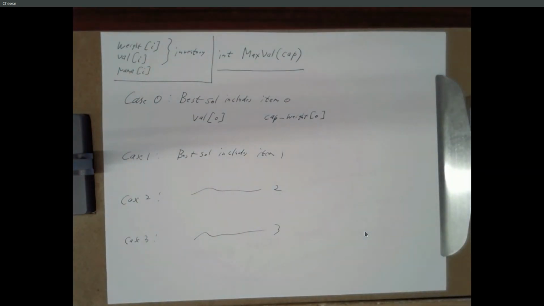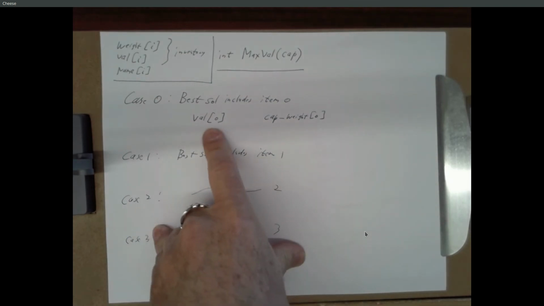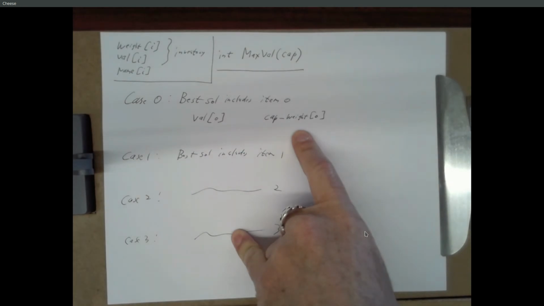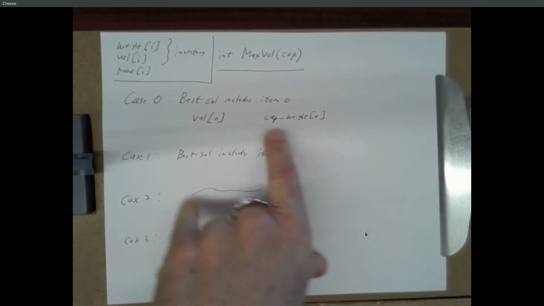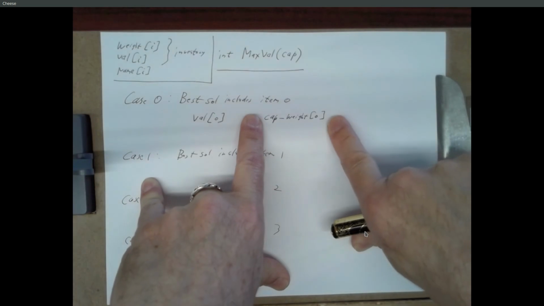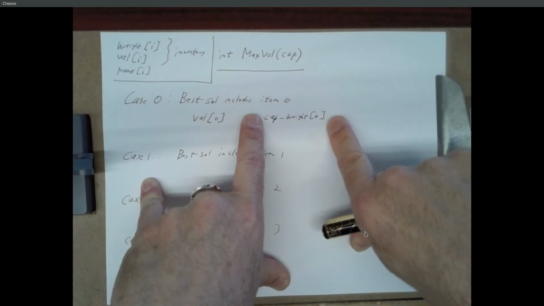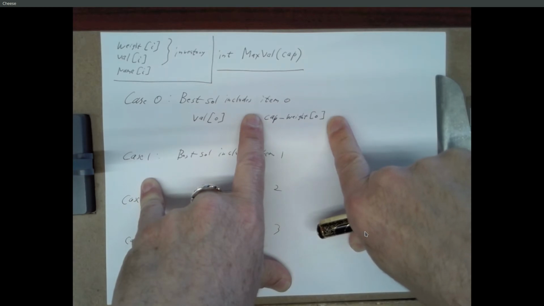Okay, so what have we done? We took item 0, one of them, we put it in our bag. We've got some value from that, and now our capacity is lower. So you turn to a friend and you say, hey, can you solve a knapsack problem for me? I have a bag that can hold this much. Tell me what the maximum value is I can get out of that. And they say, oh, 15-pound bag, yeah, the best you can do is $107.